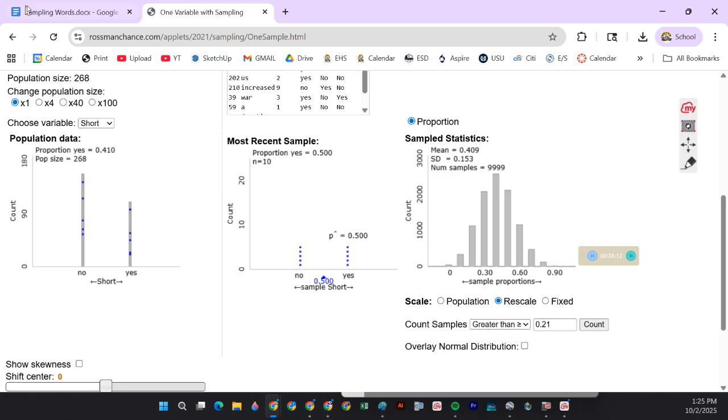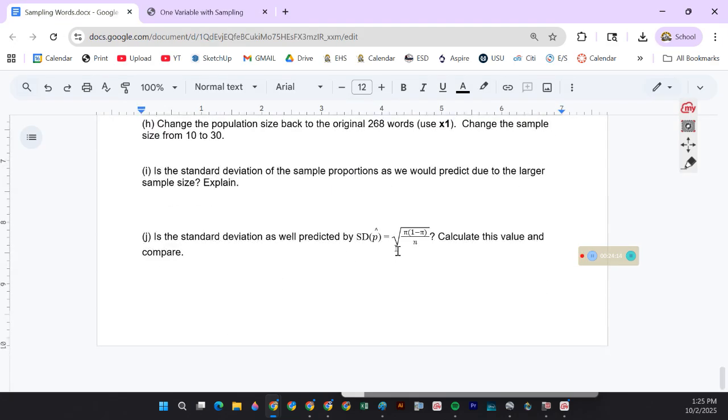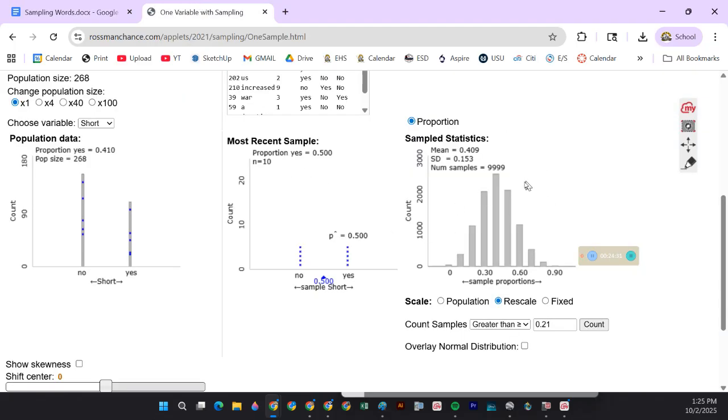And that's going to be visible in this equation here, right? By changing to 30, what did we change inside this? N. And the n is going to be 30, and if I divide by a bigger number, it's going to get smaller. So watch this.